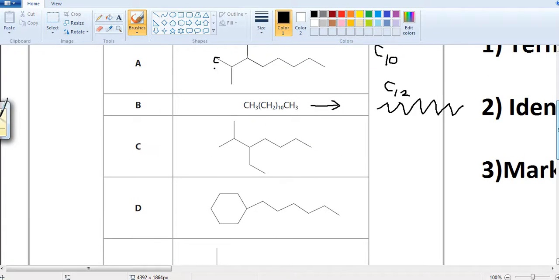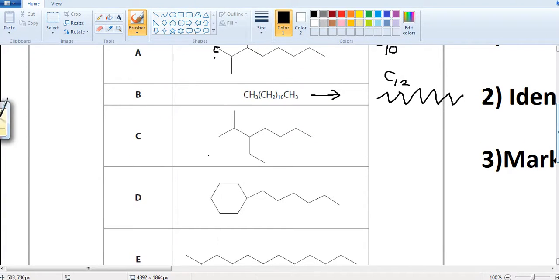So let us move on to B and D. Let us count. Here it has 6 carbon, then 7, 8, 9, 10, 11, 12. So it has 12 carbon.